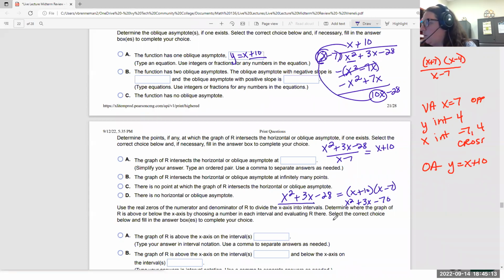But now I have the x squared plus 3x on both sides, so those cancel each other out, and I get negative 28 equals negative 70, which is false. So that means there is no point of intersection.